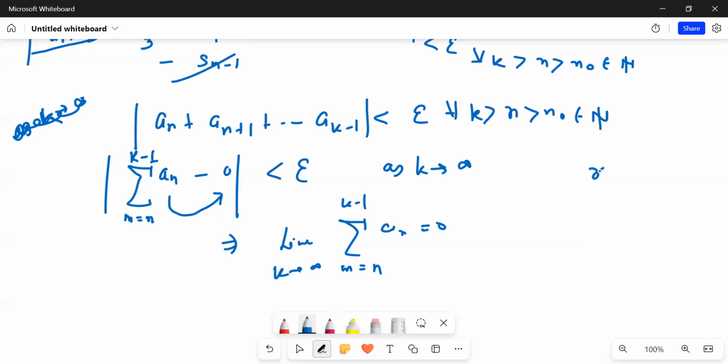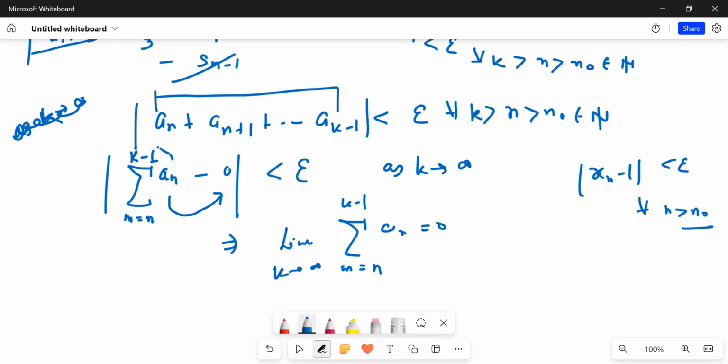If you remember, if xn's limit is L, then modulus of xn minus L can be made less than epsilon for all n greater than n naught. So even as k tends to infinity, this will remain intact. This modulus can always be made less than epsilon from the given conditions. And now I know already that this modulus minus 0 can be made less than epsilon.